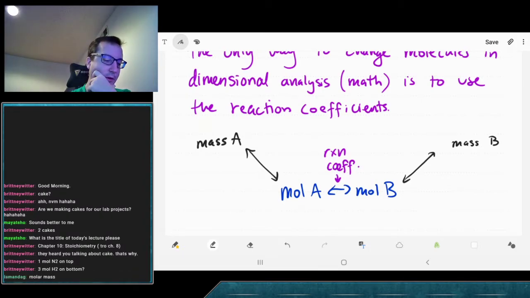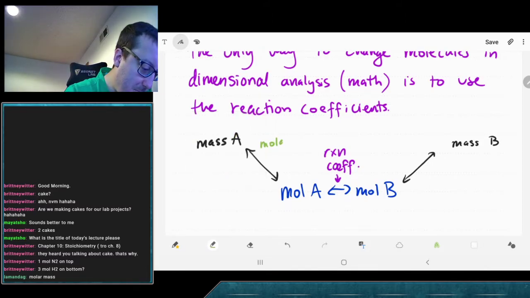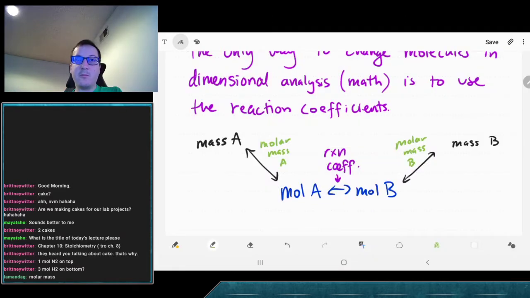Exactly, Lamonda. Perfect. So if we had moles of A, we could make grams of A, right? Using the molar mass. And same thing with B. So if we had moles of B and we wanted to find grams of B instead, we would use the molar mass of B to figure that out.